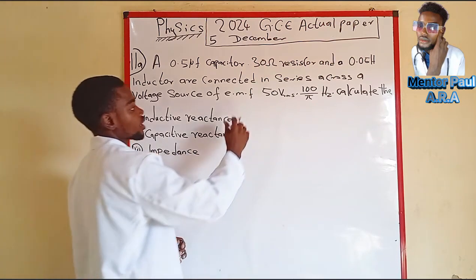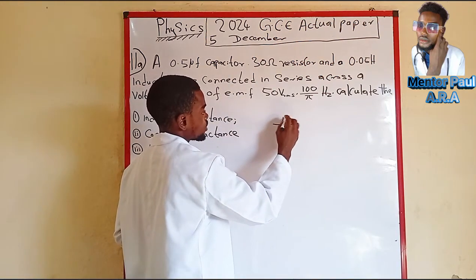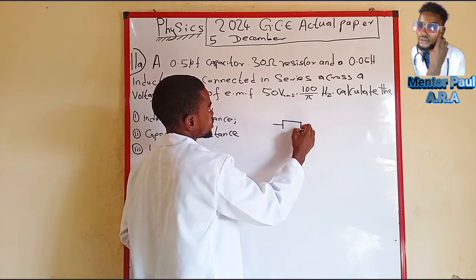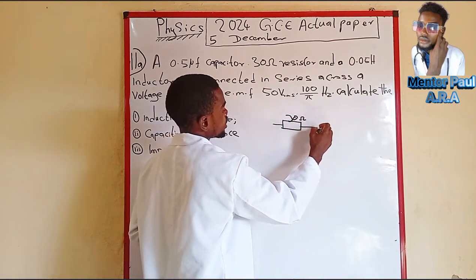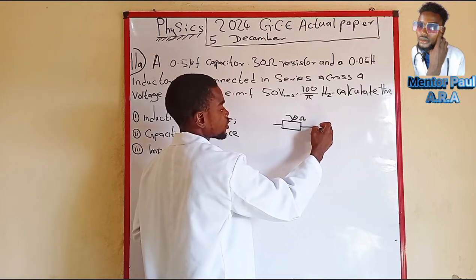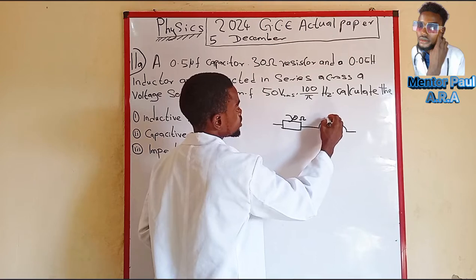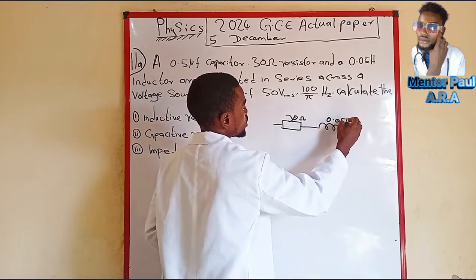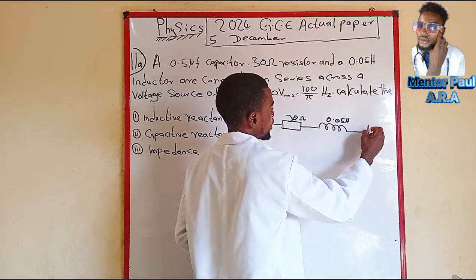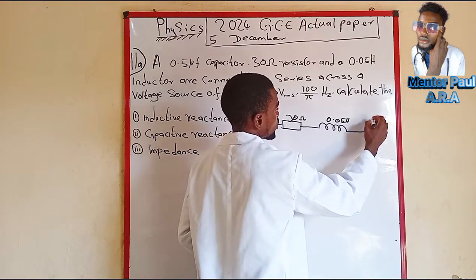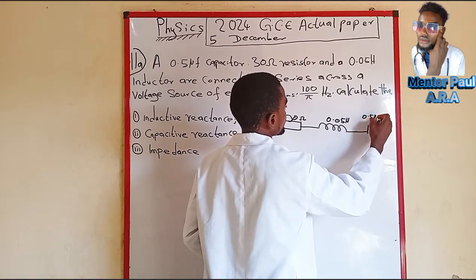Before we go to the calculation, let's make a diagram of this. We have a resistor of 30 ohms, connected to an inductor of 0.05 henry inductance, and then a capacitor of capacitance 0.5 microfarad.